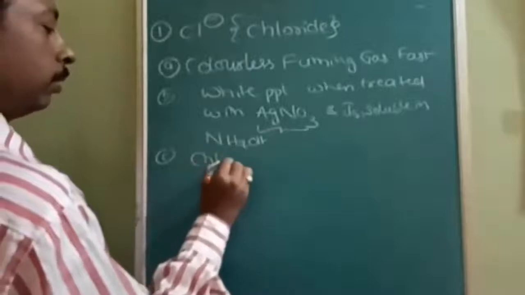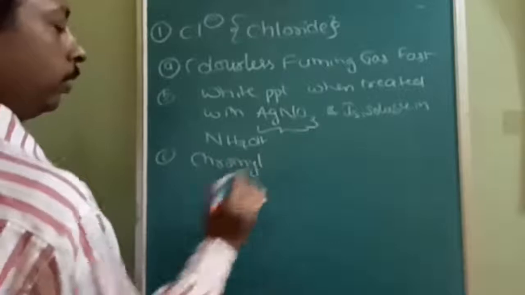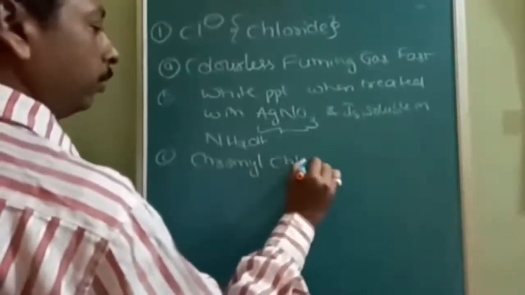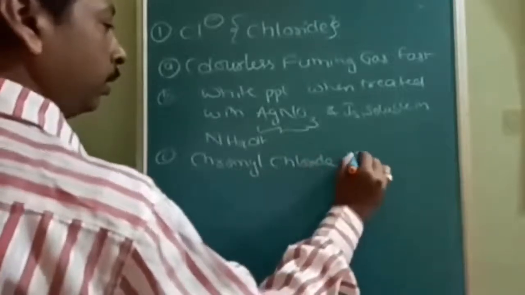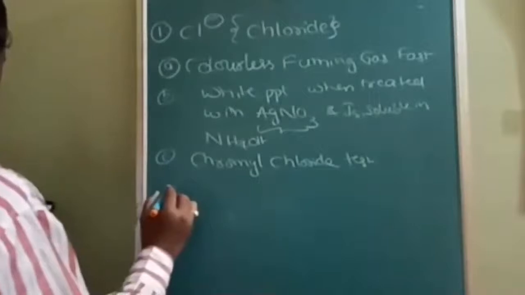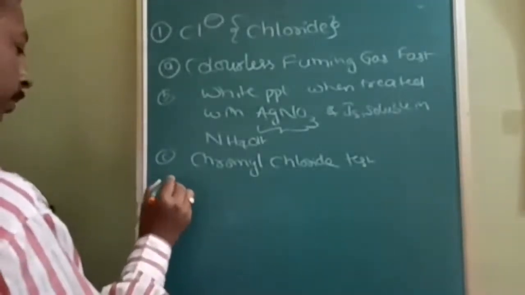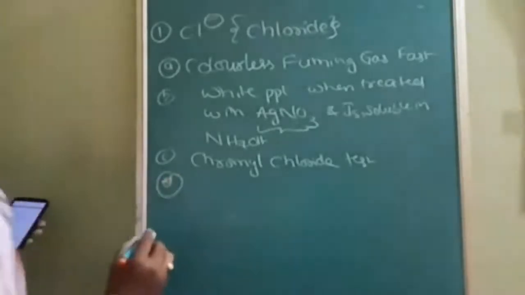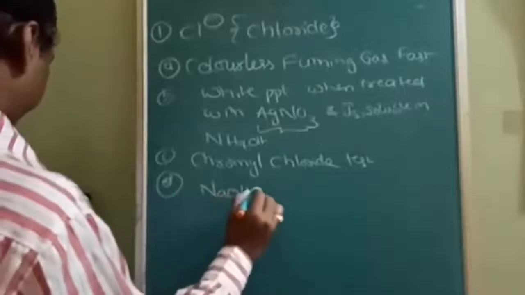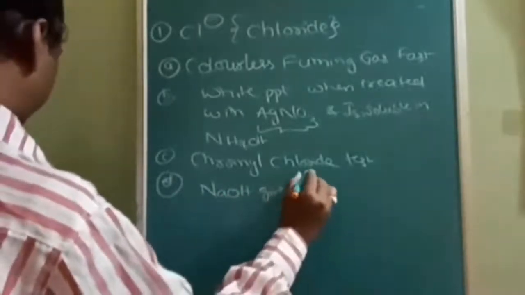Chromyl chloride test, D block. As I initially told, it is a combination of complete inorganic chemistry. The chromyl chloride test is only for chloride, and with NaOH it gives a yellow solution.